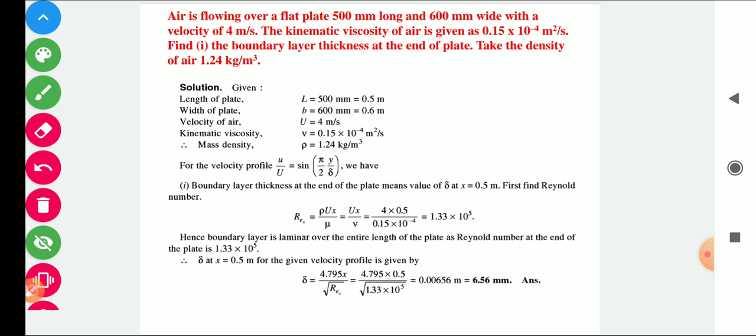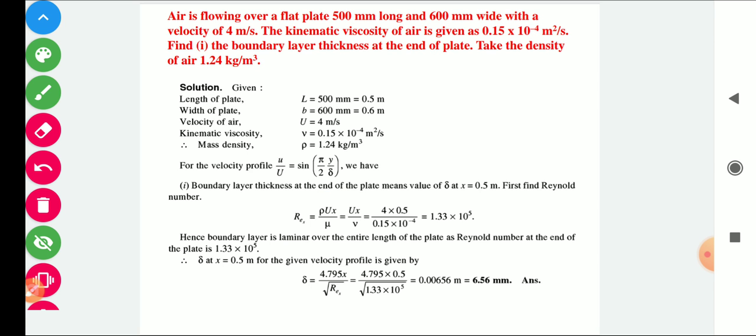Now first of all calculate the value of Reynolds number so that we can see the flow pattern, whether it's laminar or turbulent or in transition region. The Reynolds number is rho V x upon mu. Here x is the characteristic length, rho is the density, V is velocity, and mu is viscosity.